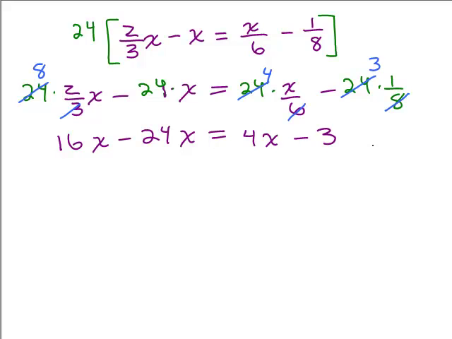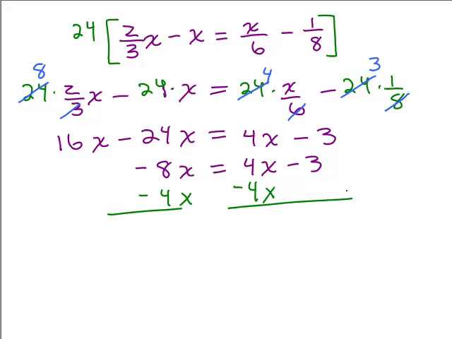So now we're down to an equation without fractions, and we do it the usual way. We simplify each side first. So 16x minus 24x is negative 8x. Now I have to get the variables on one side and constants on the other. So I'm going to subtract 4x, since the constant's only on the right-hand side, and put the variables on the left-hand side.